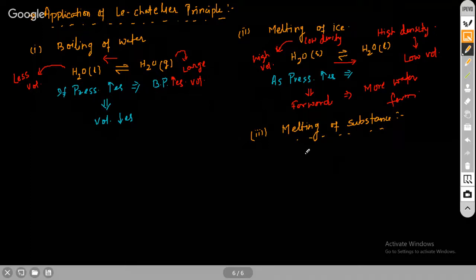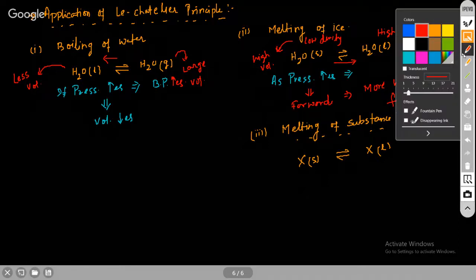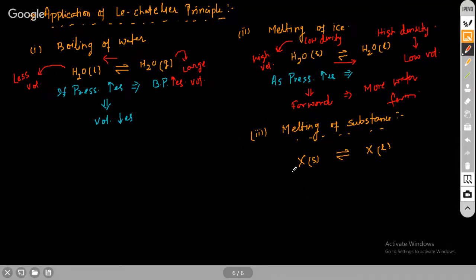But if you have any other solid substance, suppose XS going into liquid XL, this solid XS has higher density than the liquid, and the liquid has low density.